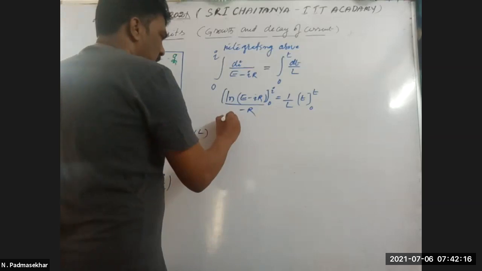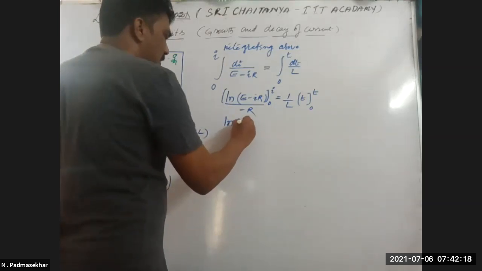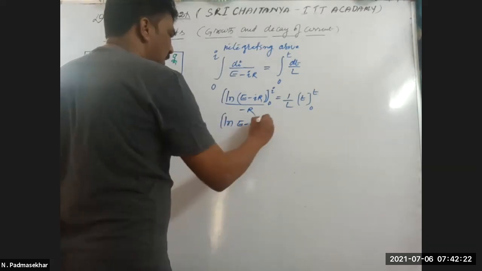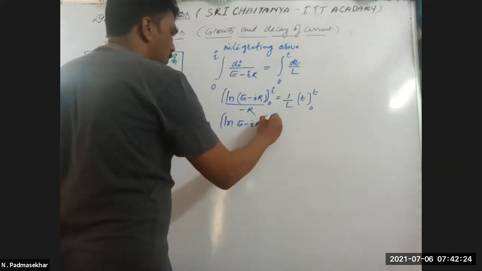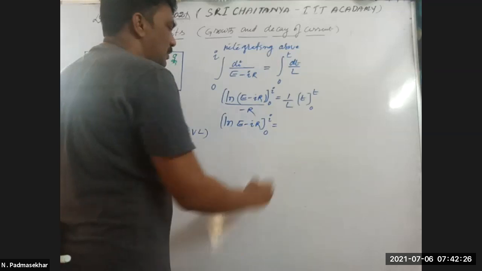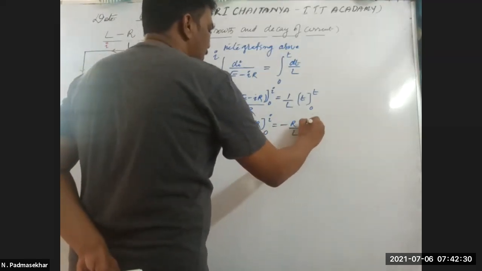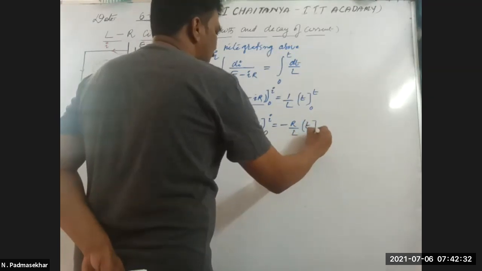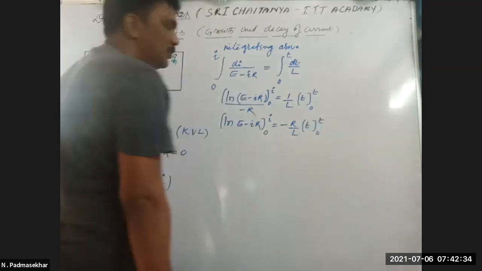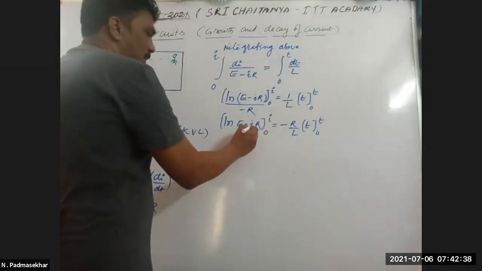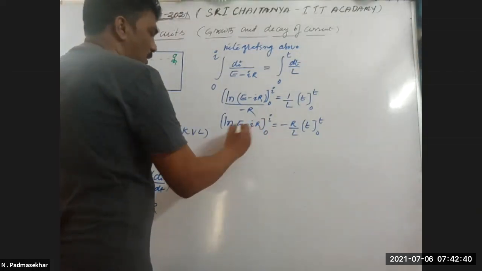So now see that this is ln(E − IR), from 0 to I, is equal to −R/L into t, from 0 to t. Now substitute the limits. First the upper limit in the place of I, then the lower limit.